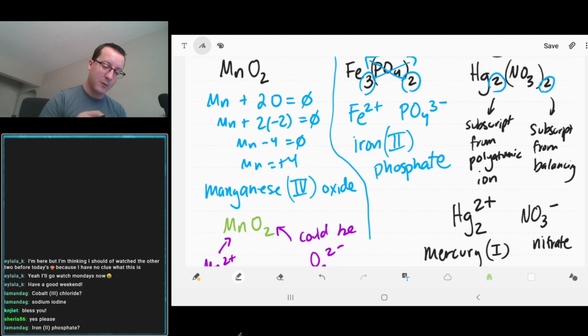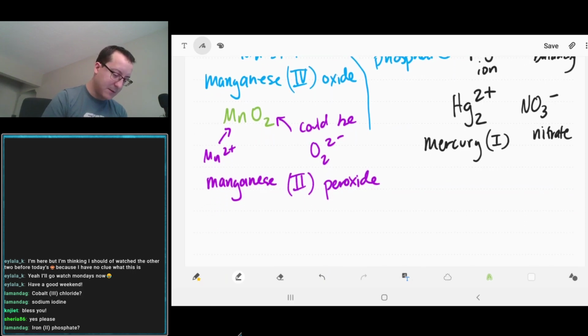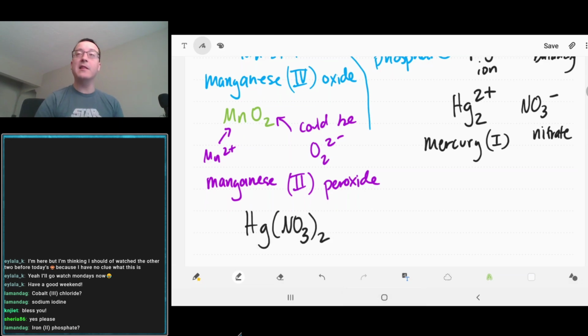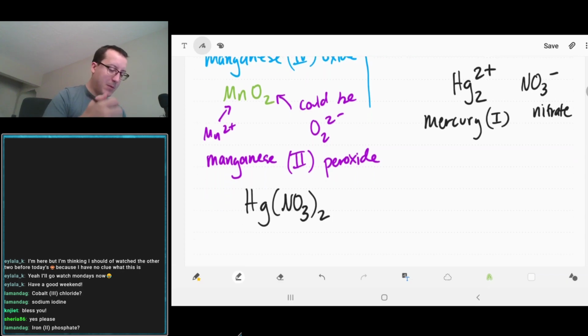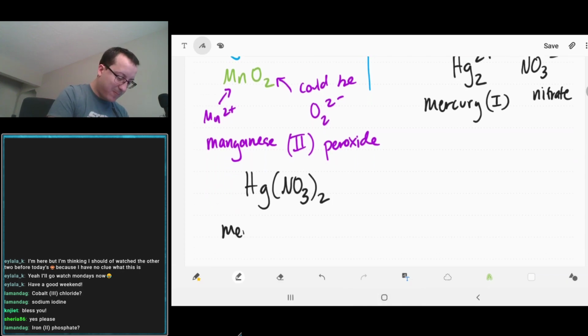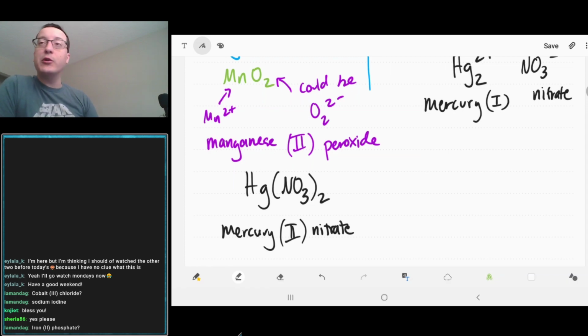And so, again, with these, we see that sometimes things might look very similar, but this one would be mercury 2 nitrate. So, again, these will look similar to each other in terms of their formulas, but they are different things, right?